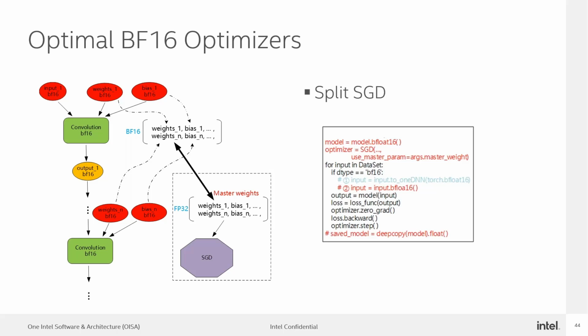So this is called split SGD. This is one optimization methodology that we used in IPEX to run with bfloat16, to make sure that we keep the accuracy of the training, but we still enjoy the performance boost of the low precision data type.